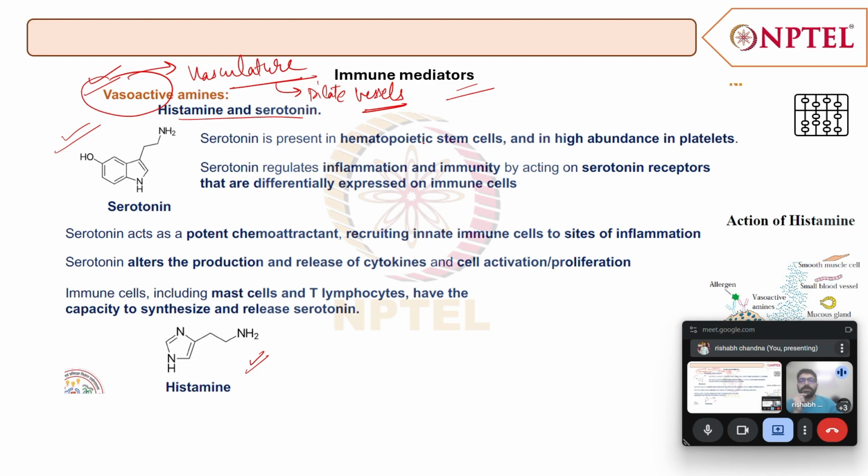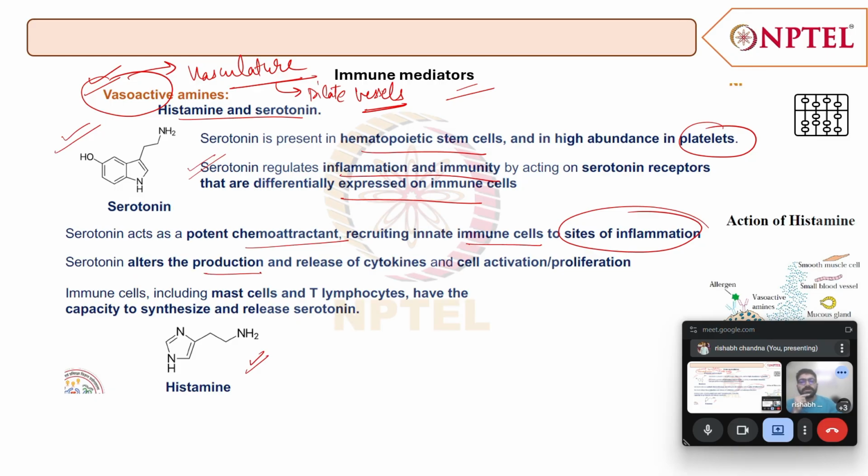Now, serotonin is present in hematopoietic stem cells and in high abundance in platelets, and it regulates inflammation and immunity by acting on serotonin receptors that are differentially expressed on the immune cells. It is a potent chemoattractant that recruits immune cells to the sites of inflammation.